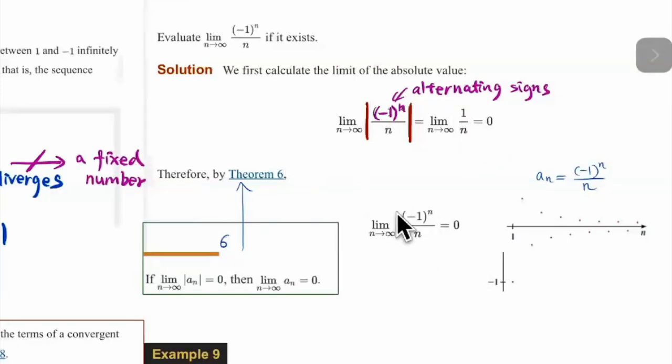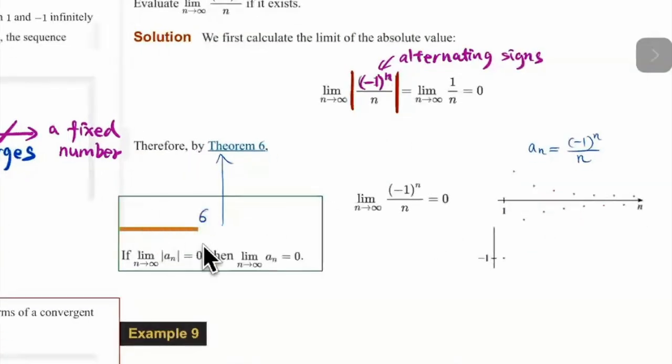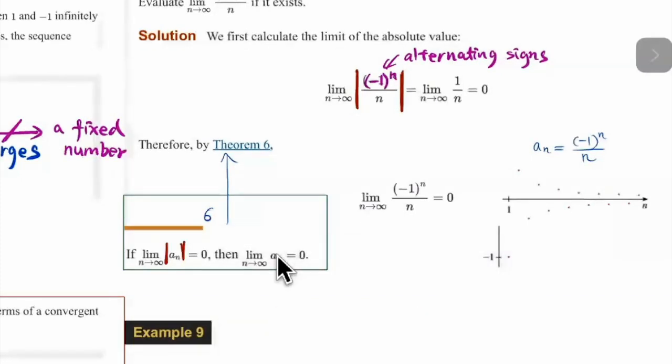Therefore, this limit here will also equal 0. Why is that? The limit of the absolute value of the sequence, if it's equal to 0, then the limit of the sequence will be equal to 0.